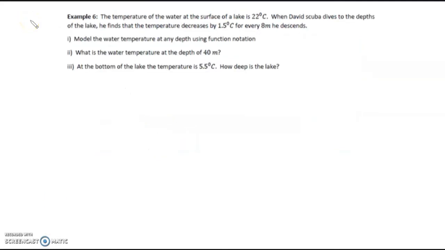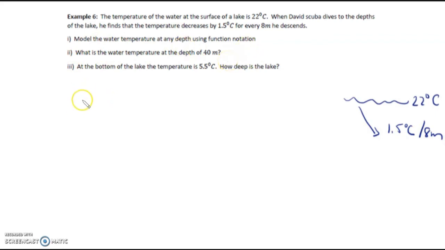Okay, example 6. The temperature of the water at the surface of the lake is 22 degrees. When David scuba dives to the depths of the lake, he finds that the temperature decreases by 1.5 degrees Celsius for every 8 meters he descends. Model the water temperature at any depth using function notation.